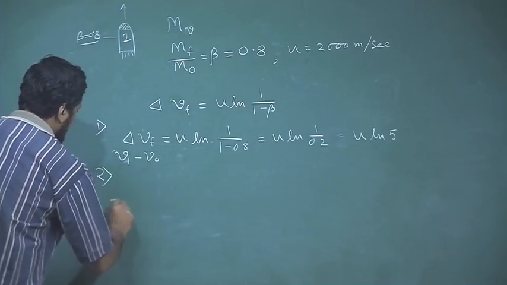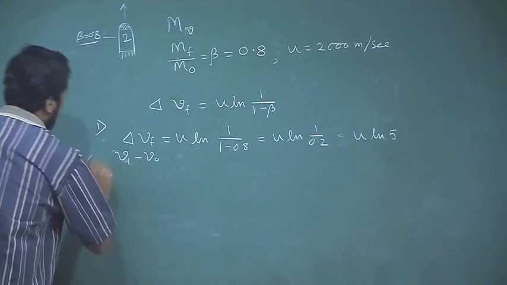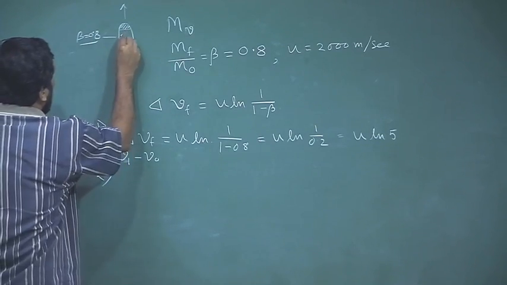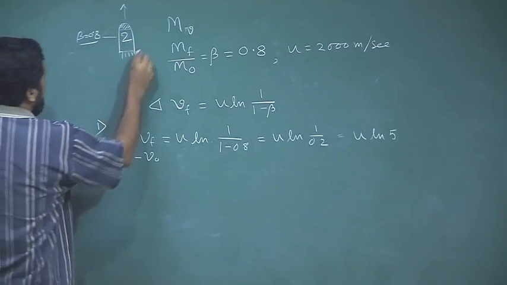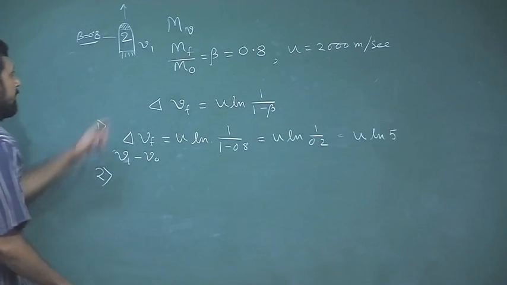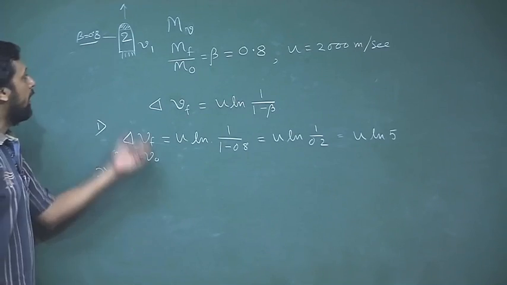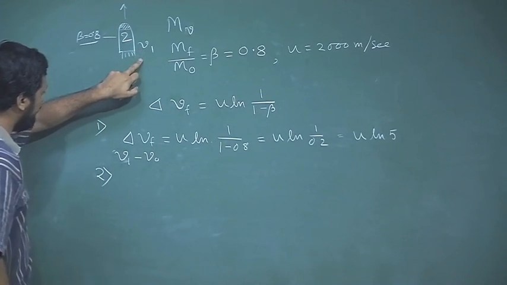Please remember that it enters stage 2 with an initial velocity of v1. We are assuming that the initial velocity of stage 1 was v0, and now it is entering stage 2 with a velocity v1.